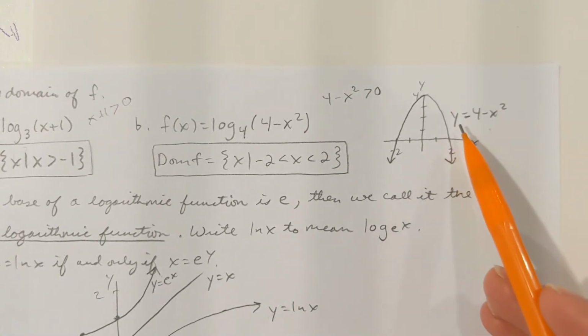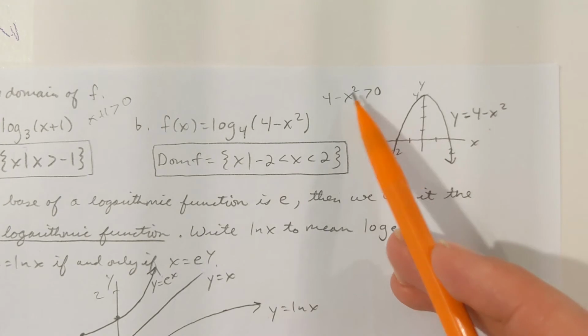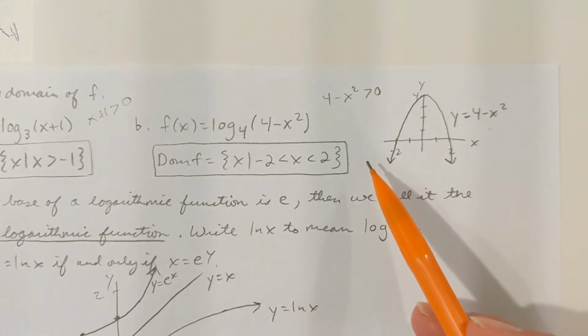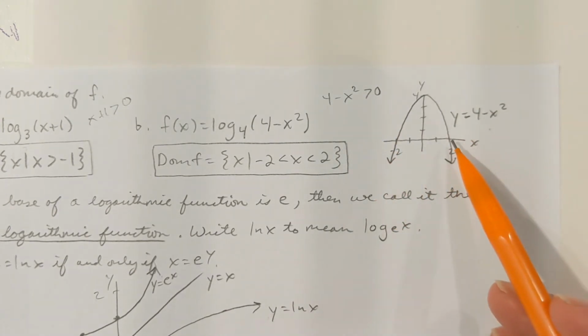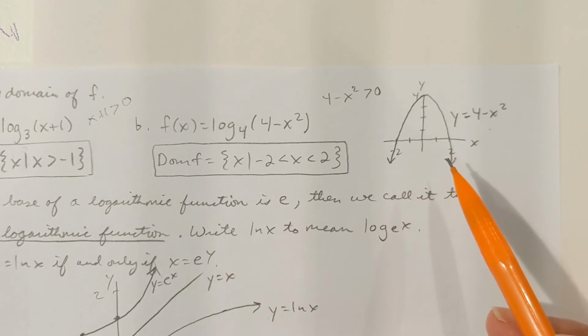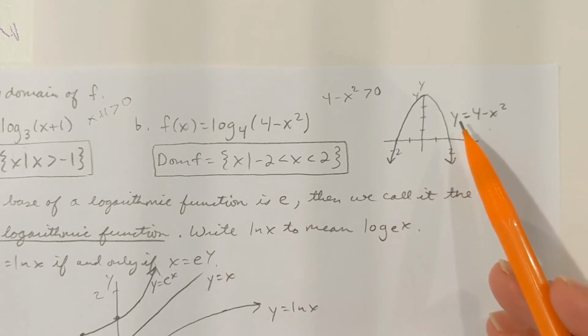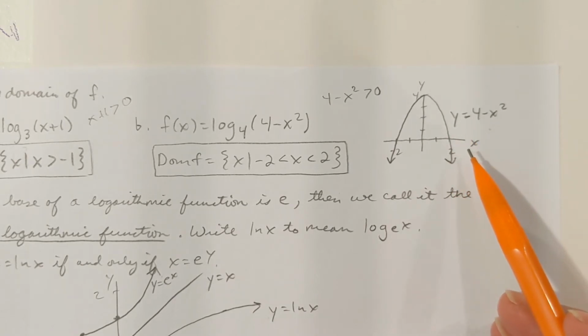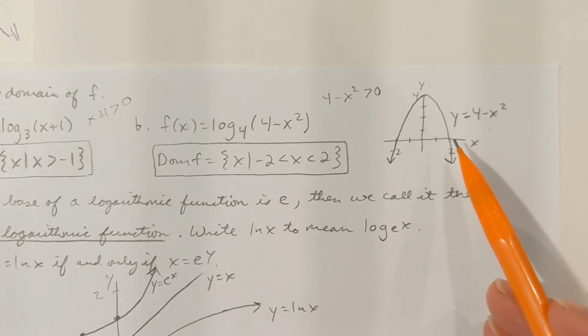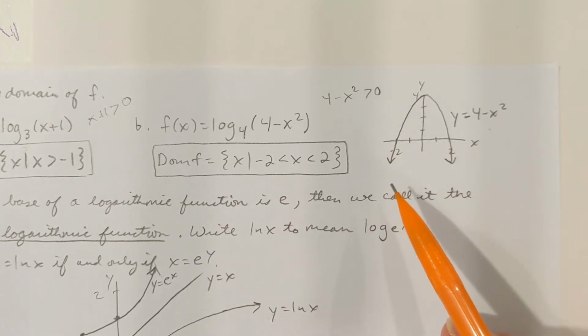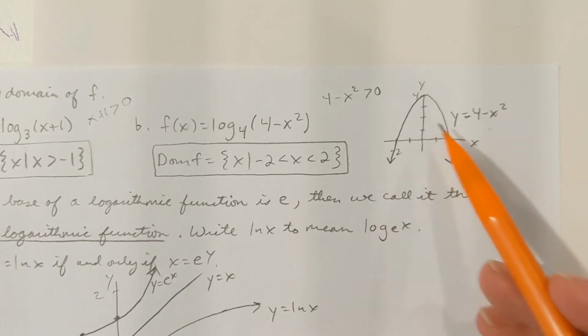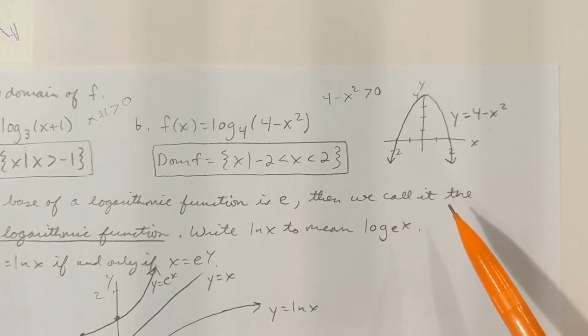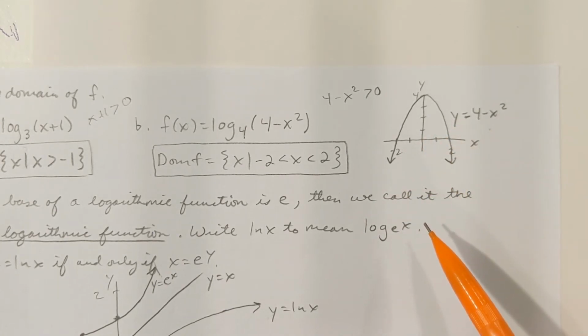Now, I want to know where y is positive. Any point that is above the x-axis means that y is positive. Any point that is below the x-axis means that y is negative, and any point on the x-axis means that y is 0. So the question here is, where on the parabola are we plotting a point that is above the x-axis?